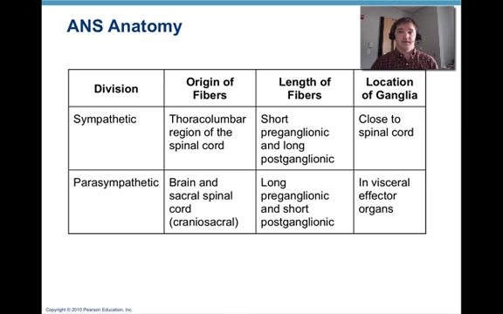The cranial outflow consists of preganglionic fibers, so that first neuron, whose fibers run in the oculomotor, facial, glossopharyngeal, and vagus nerves.